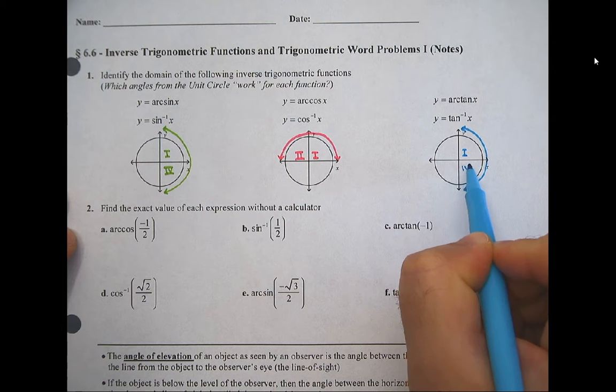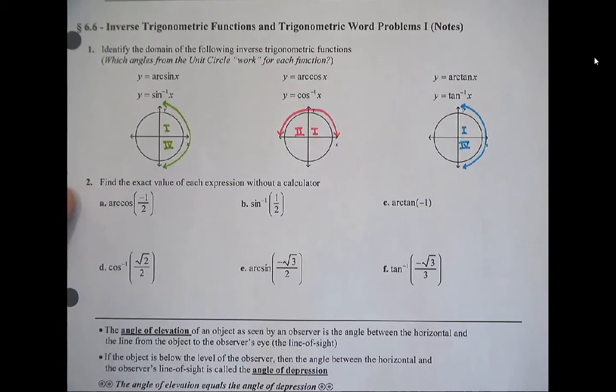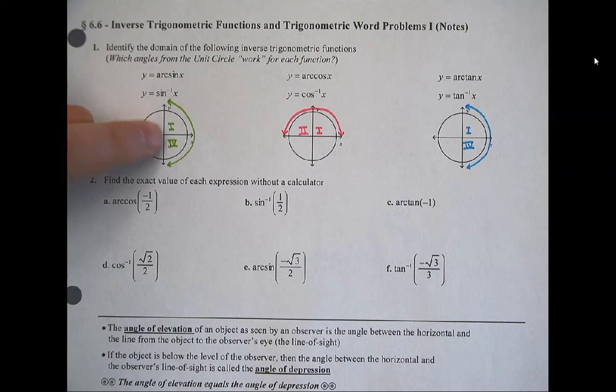Now, why they picked these to be the quadrants that they wanted to use, I'm not sure, but it does make sense that they chose these because think about sine. What is sine in quadrant 1? Positive. What is sine in quadrant 2? Negative. Now, if you move into, I said 2, I meant 4. Quadrant 1, sine is positive. Quadrant 4, sine is negative.